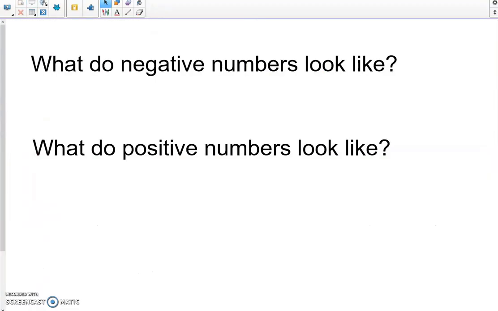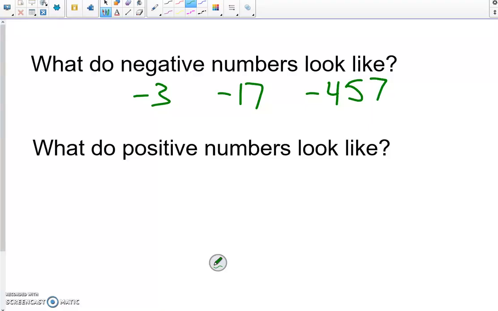So what do negative numbers look like? Well, negative 3, negative 17, negative 457. All negative numbers start with a negative sign or a minus sign, however you want to think of it. Now, positive numbers like positive 13, positive 72, they can be written just as the plain number. Notice there's no sign in front of it.